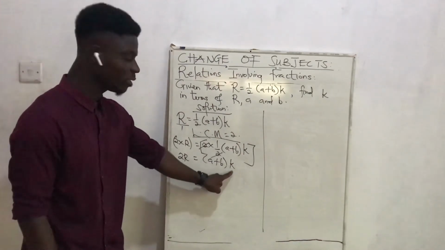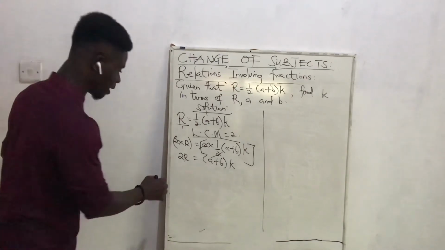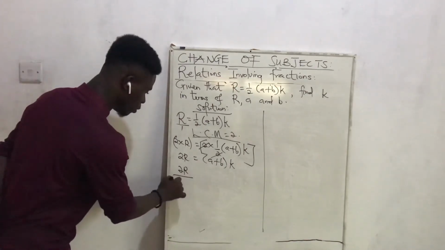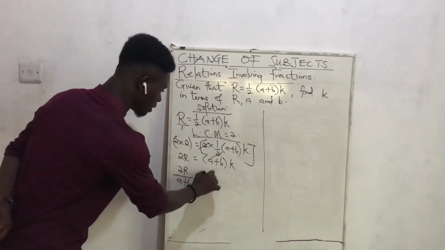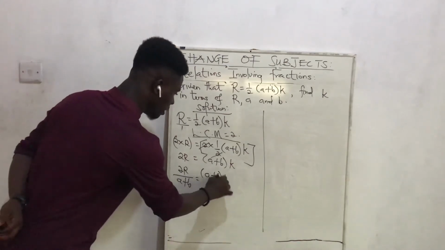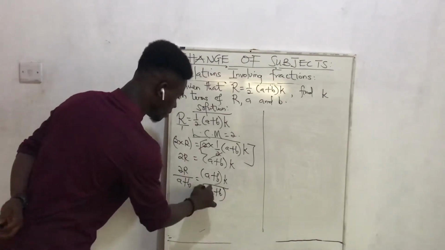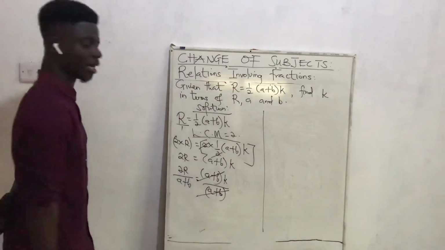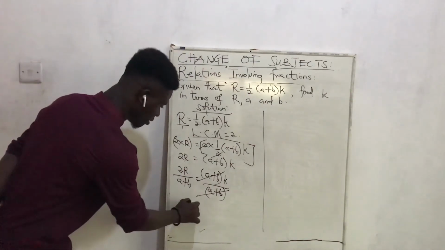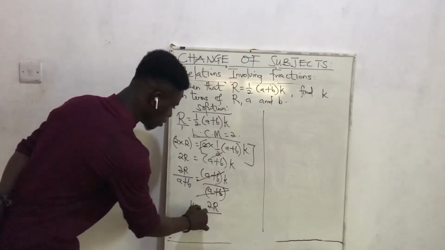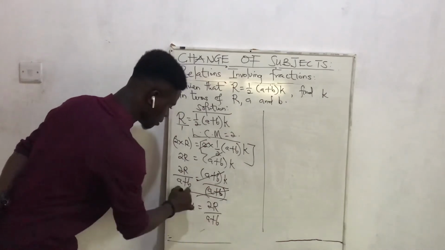So if I want k, then I have to separate them. So I have 2r all on a plus b equals a plus b, then k, then I have a plus b. So this one cancels that, right? So I have k being equal to 2r all on a plus b.